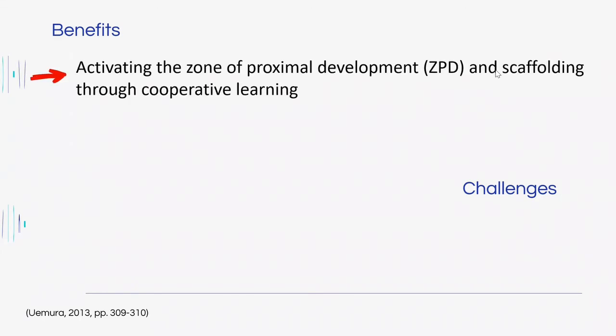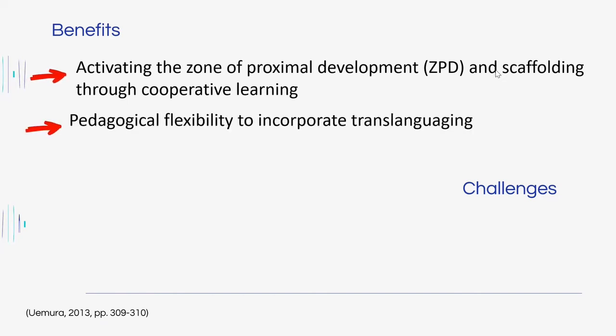So what exactly are the benefits of CLIL? First, the benefit of CLIL is it activates the zone of proximal development, or ZPD, and scaffolding through cooperative learning. The help from classmates can scaffold students' understanding throughout the class. Second, pedagogical flexibility to incorporate translanguaging.